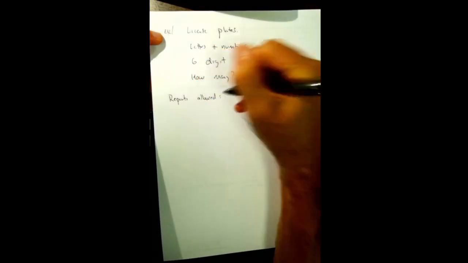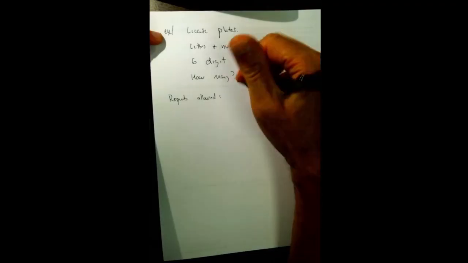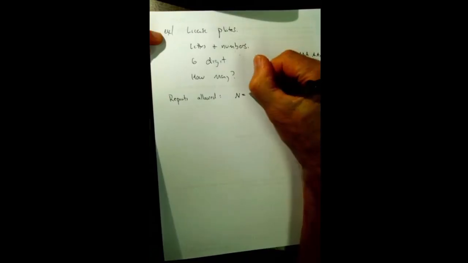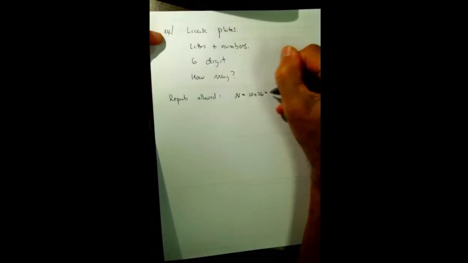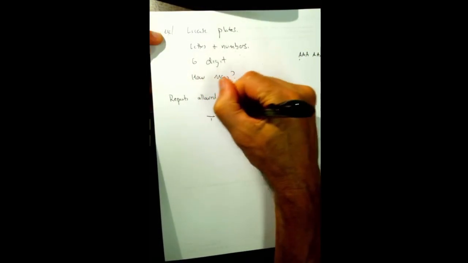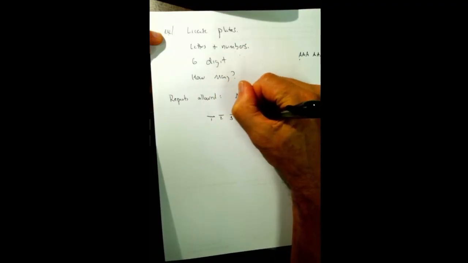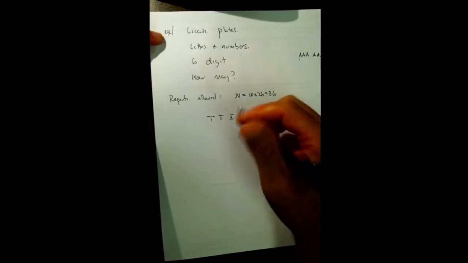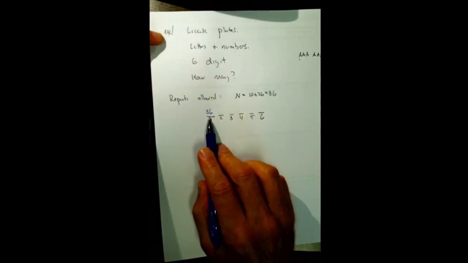What if we're allowed to have repeats? So that means each time you do this, you could reuse a number. So in this case, each of these things could be either a letter or a number. So there's 36 options. And each license plate has 6 slots. First slot then could have 36 potential numbers in it.